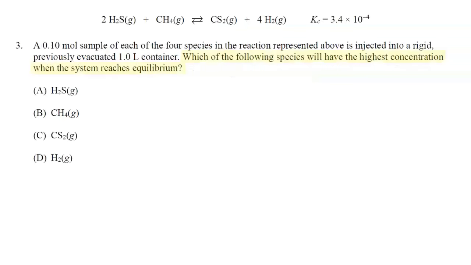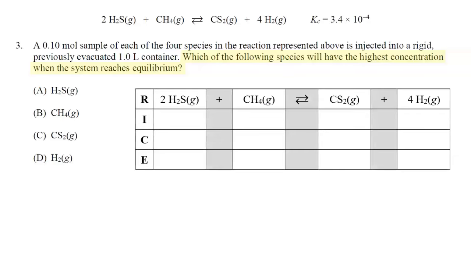So the strategy for answering question 3 is to create a RICE table. So let's go ahead and create a RICE table so we can fill in the initial amount of each of the substances that was present at the beginning of this experiment. So we are told that a 0.10 mole sample of each of the 4 species was added.